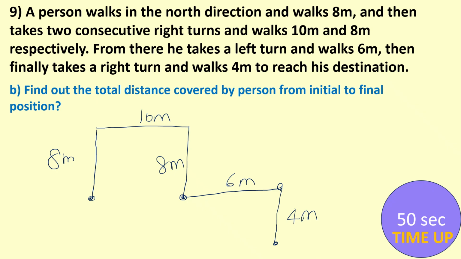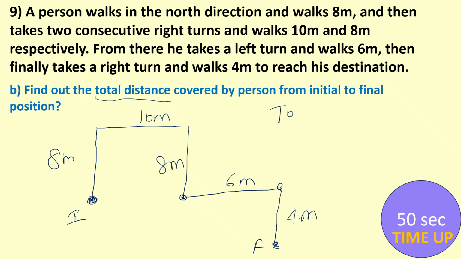Now, if they had asked the shortest distance, it will be from the initial point to the final point. But now they have asked the total distance. So how will you solve it?